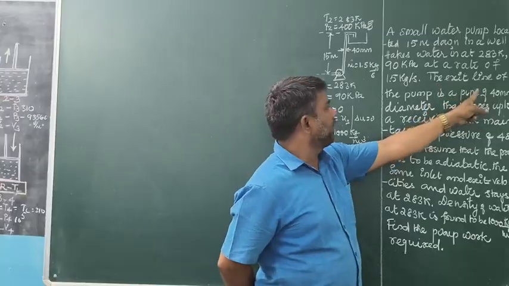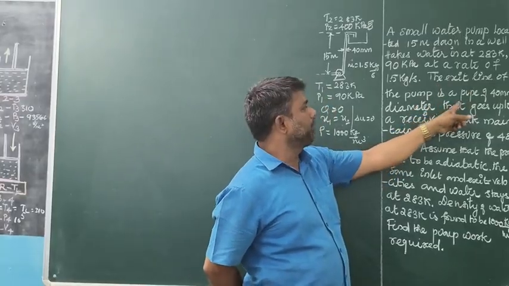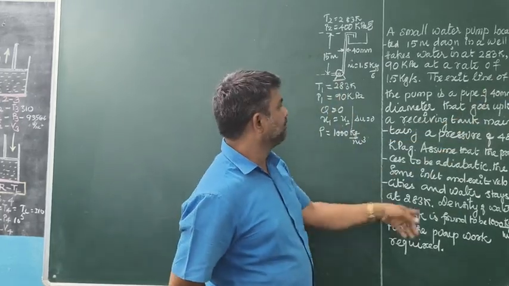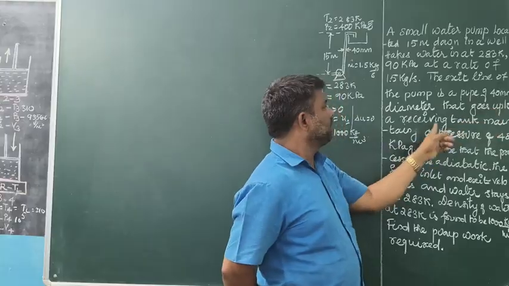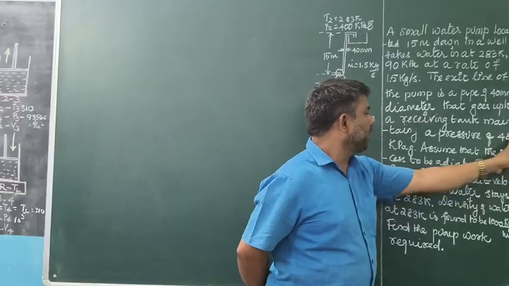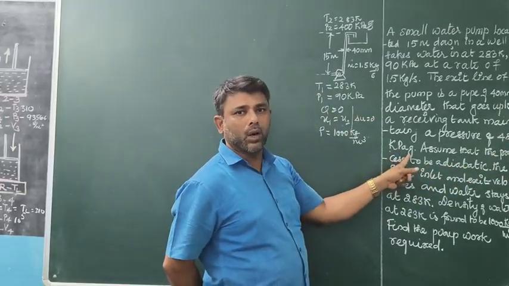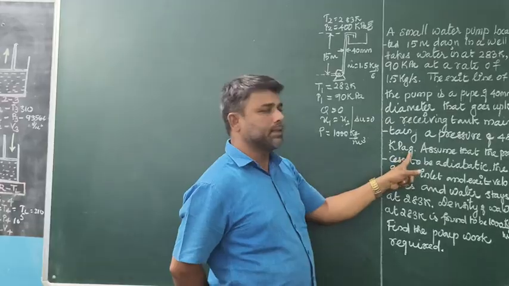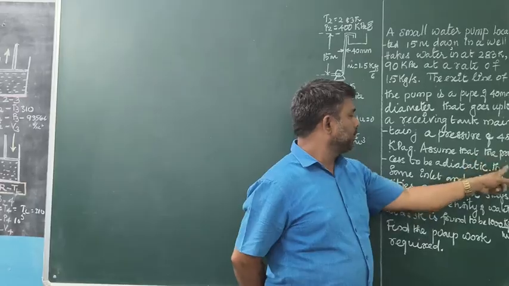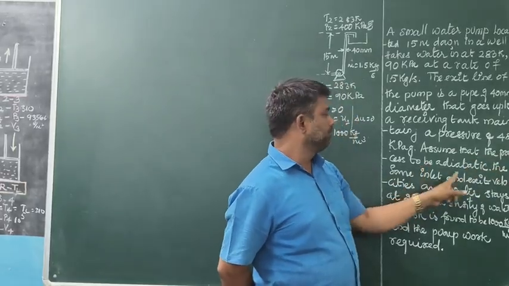The exit line of the pump is a pipe of 40 mm in diameter that goes up to a receiving tank, maintaining a pressure of 400 kilopascal gauge. Assume the process to be adiabatic.